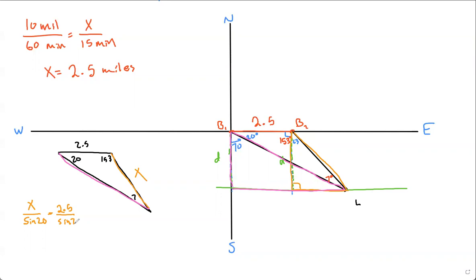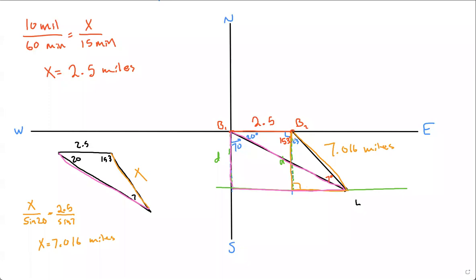And if we solve this by multiplying the sine 20 over to the right side, we would have 2.5 times the sine of 20 and then divided by the sine of 7, which X comes out to 7.016 miles, because that's a side length, so that's still in miles. Okay, so we have found this side is 7.016 miles.